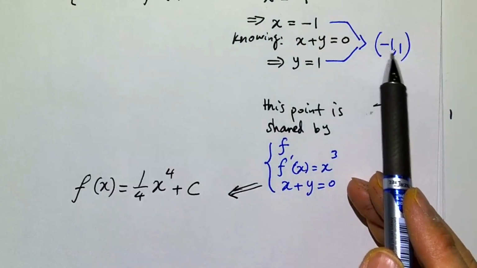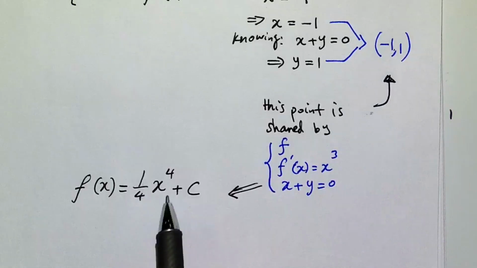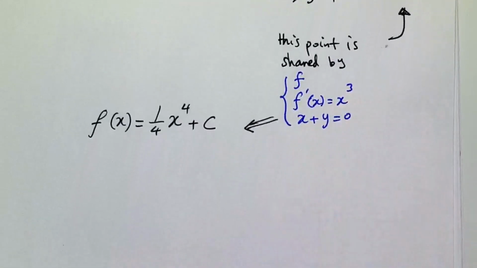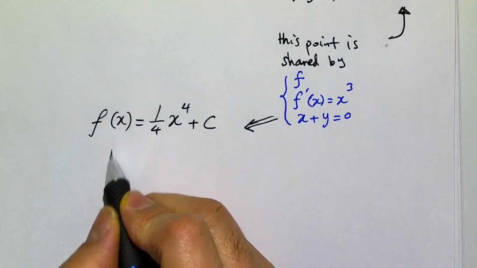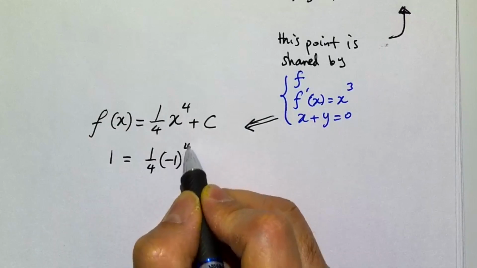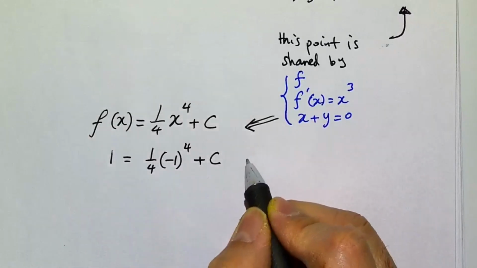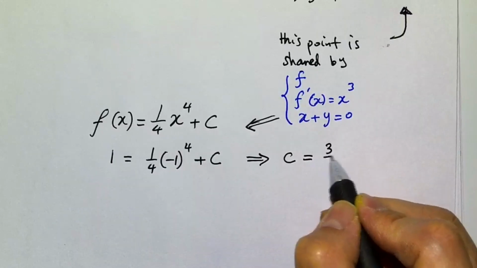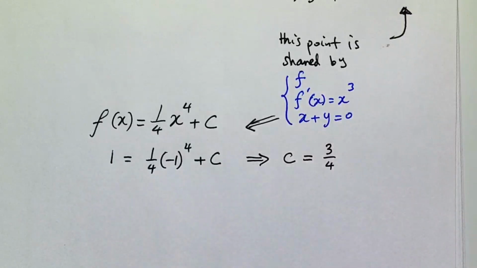So then 1 equals 1/4 times -1 to the 4th plus c, we can find c. So let's do that. So 1 equals 1/4 times -1 to the 4th plus c. And from that, c is equal to 3/4. Just manipulate this algebraically and you get that. And 1 minus 1/4, which would be 3/4.